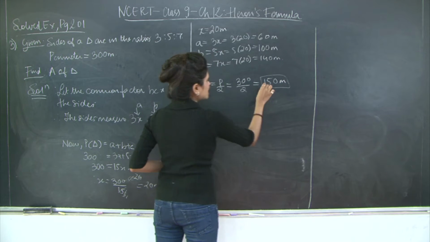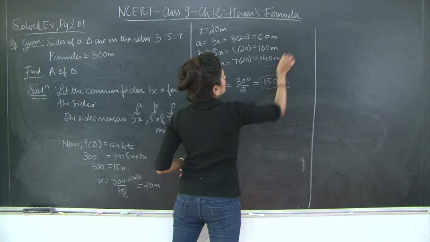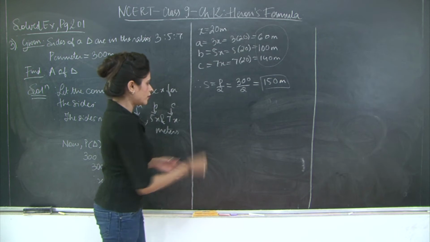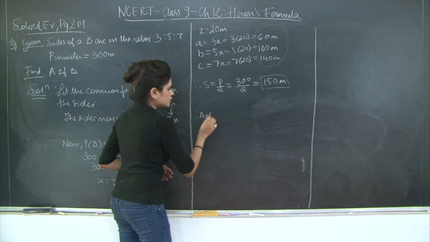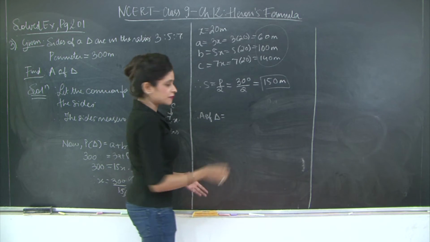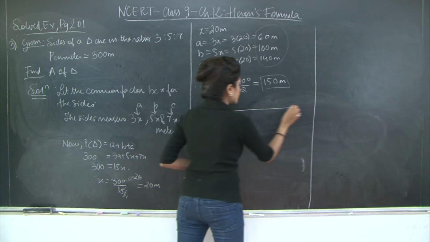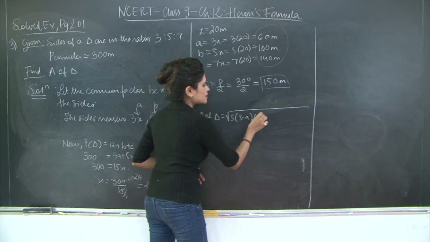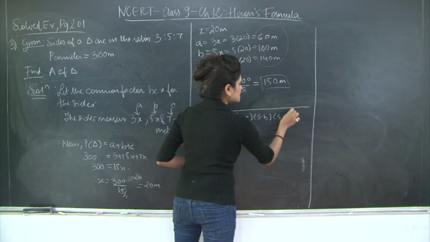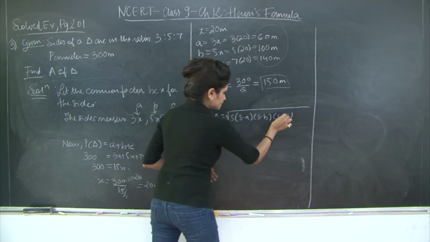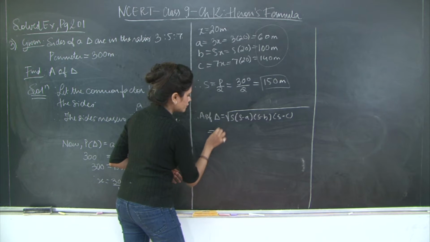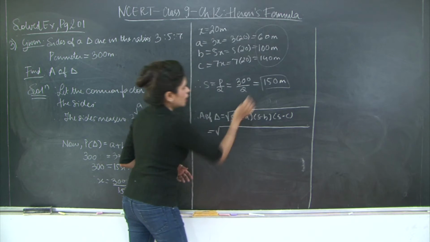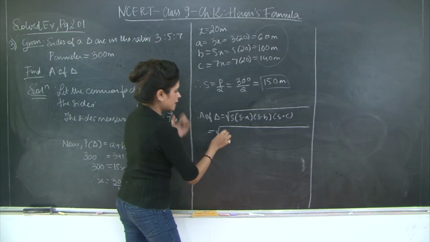So I have my semi-perimeter and I have the values of A, B and C. Therefore, area of triangle, now you can easily substitute the values and find the area. So we'll do this quickly. S into S minus A into S minus B into S minus C. Cool? So this will be, semi-perimeter is 150.